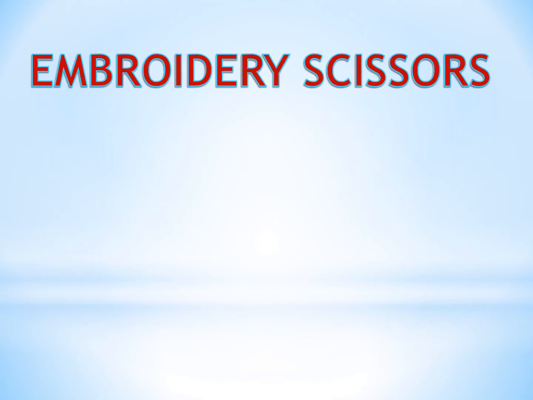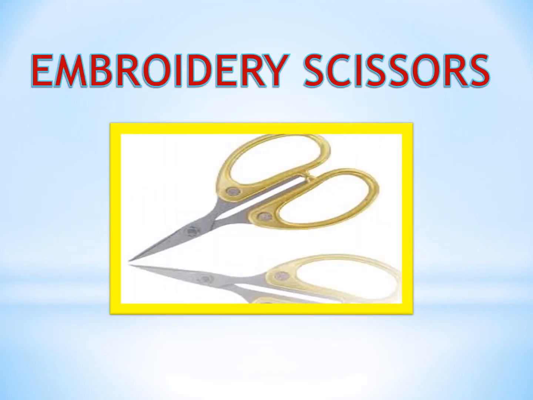Embroidery scissors. A special type of scissors used to cut sewing thread or multiply embroidery thread and specially designed with long, thin, pointy tips to cut threads in tight areas accurately and with a clean, sharp cut.